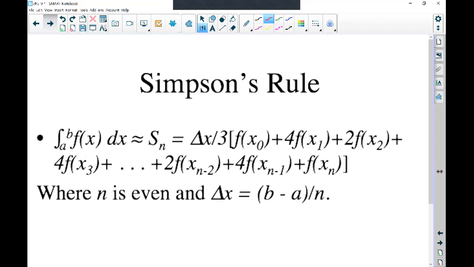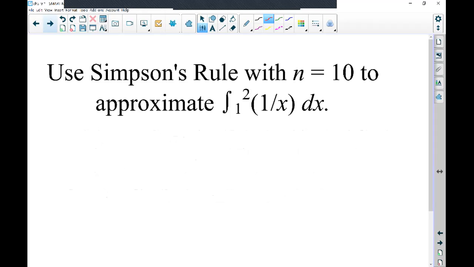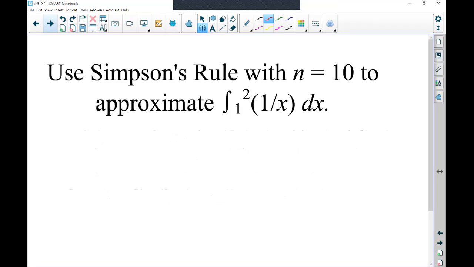All right, so here we go. Use Simpson's rule with n equals 10 to approximate the integral from 1 to 2 of 1 over x dx. So we're using twice as many subintervals as we did for the other one. So that's going to make it more accurate already.